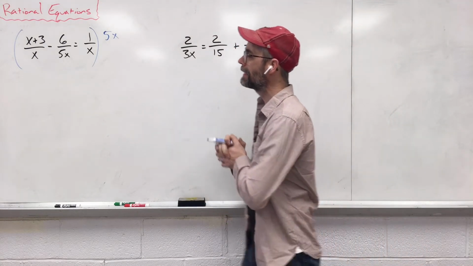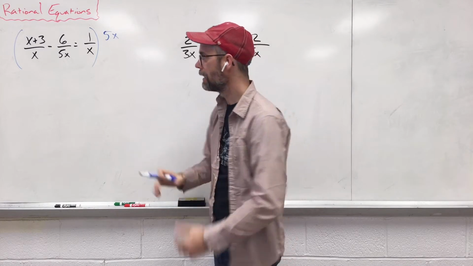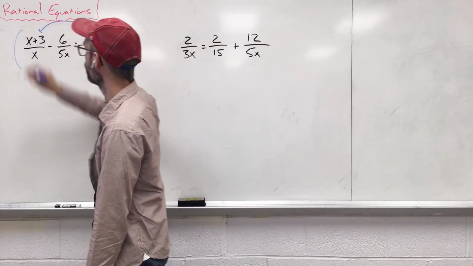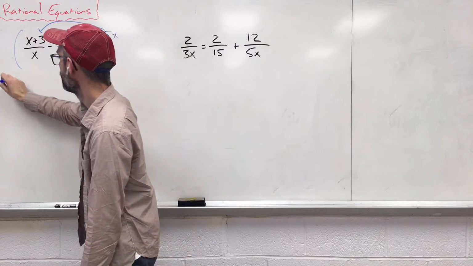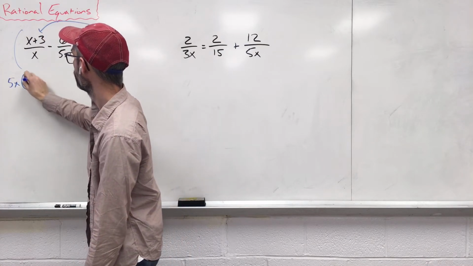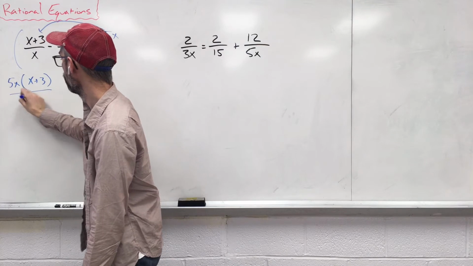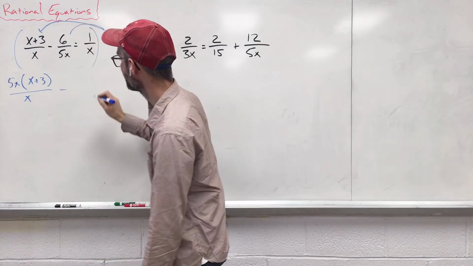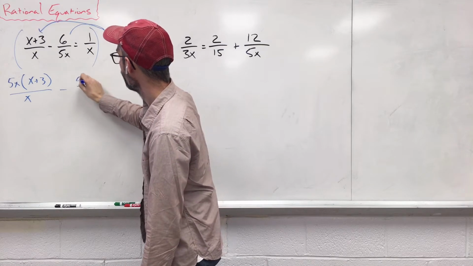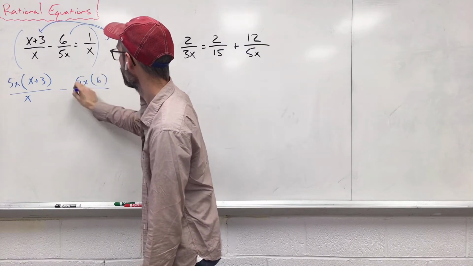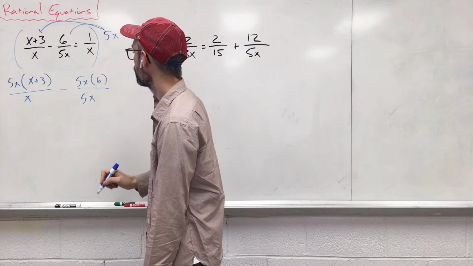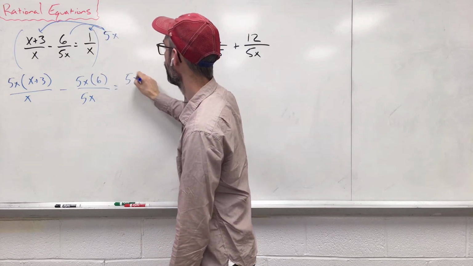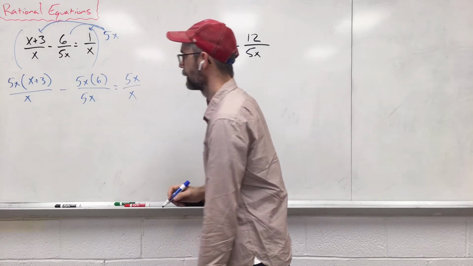So let's now take that 5x and distribute it to everything we see here. I'm going to distribute it to this fraction, and I'm going to get 5x times x plus 3 all over x minus, I'm going to distribute it to that 6 and get 5x times 6 all over 5x equals, distribute there, you're just going to get 5x over the x.